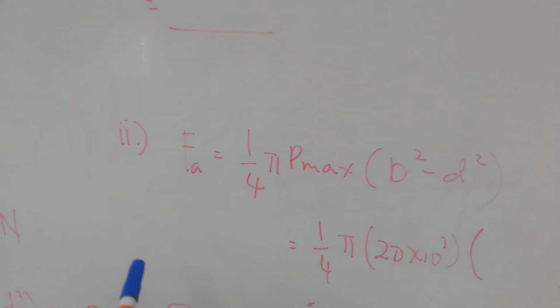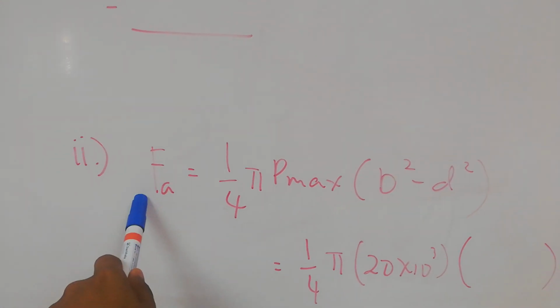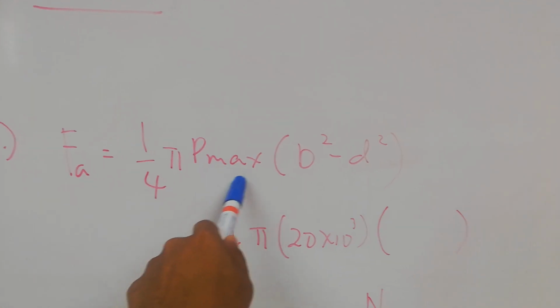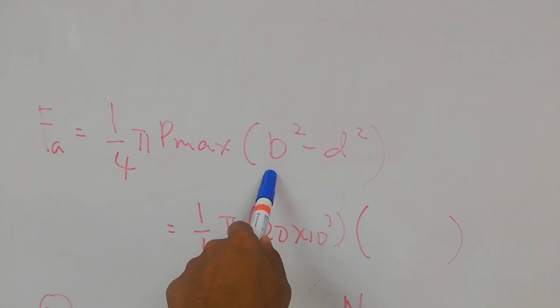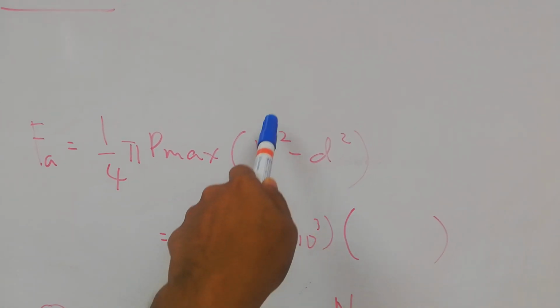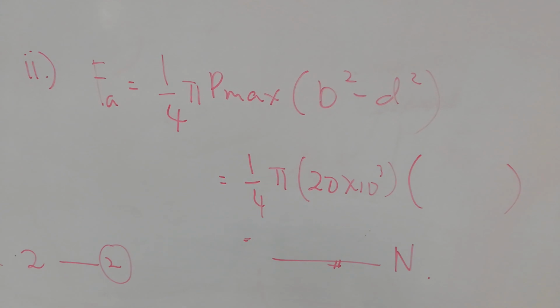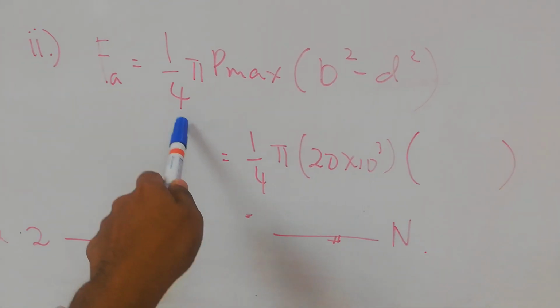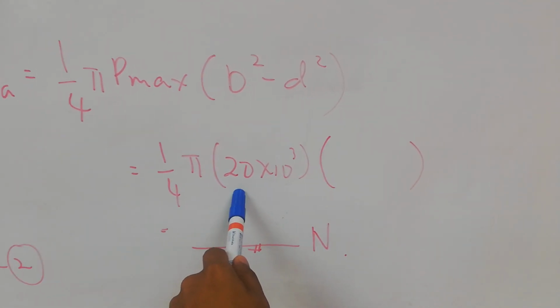Okay, the second question is the actuating force. So Fa equals 1 over 4 pi P max times big D squared minus small d squared. We just substitute all the values: 1 over 4 pi, 20 kilopascal.